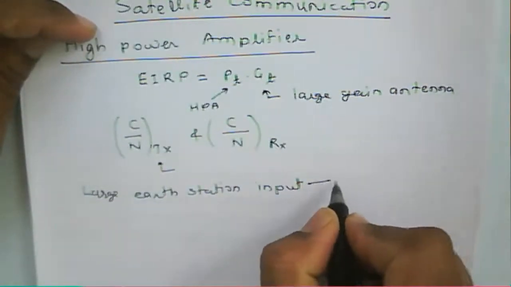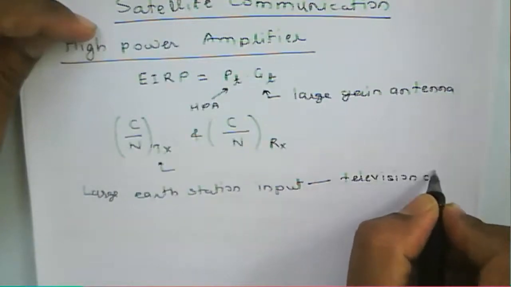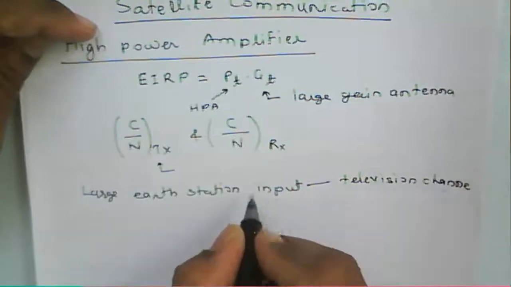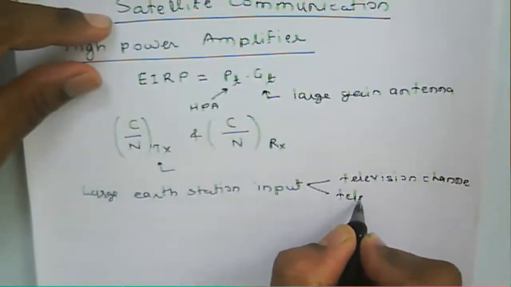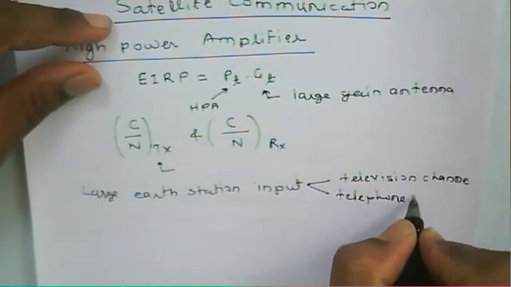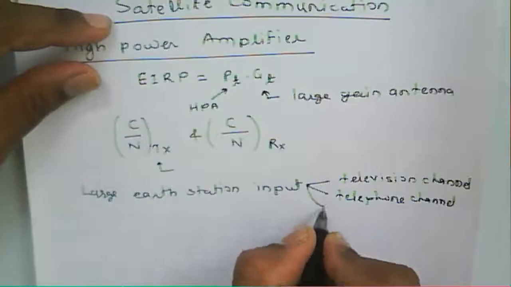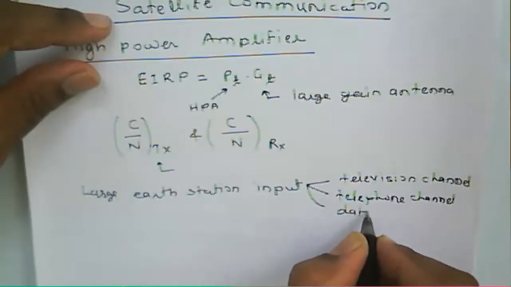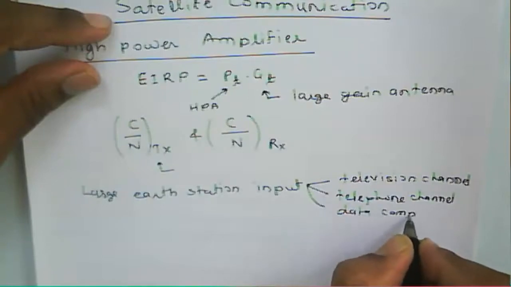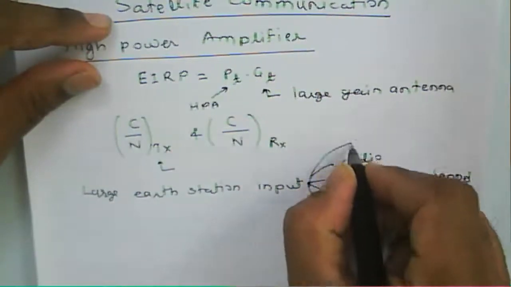Input from what? From the television channel, from the telephone channel, then data, that is computer data, or audio or video.